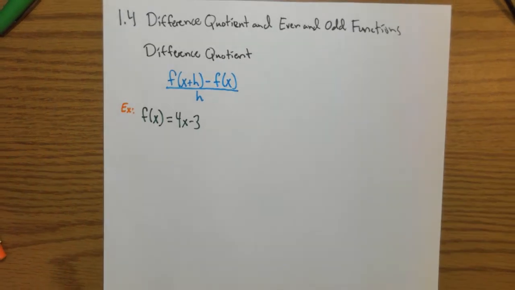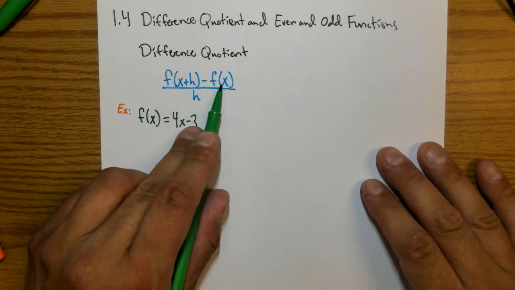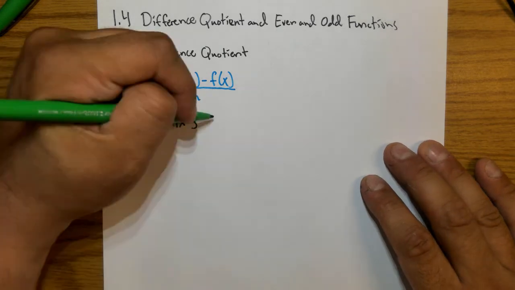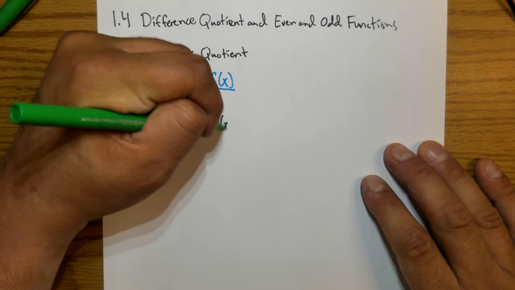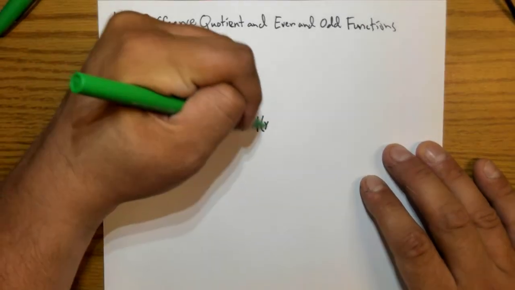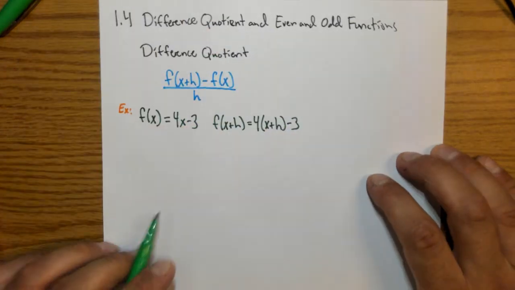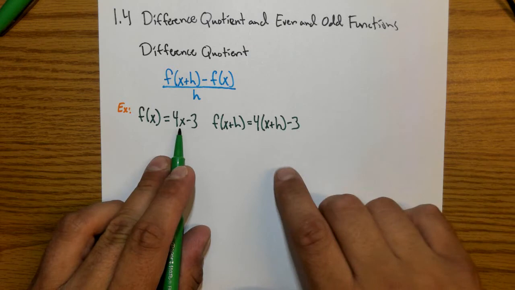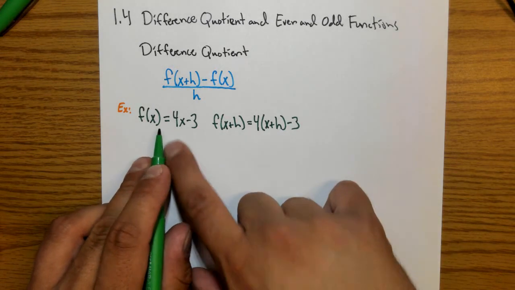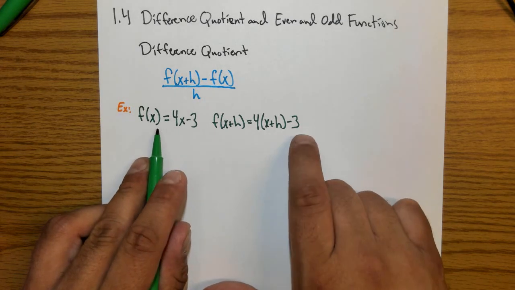Now, if this is f of x, I have that here, but what is f of x plus h? If you notice, every time you see an x in the original function, you just add a plus h in it, if that makes sense. It was originally 4x minus 3. Now it's 4 times x plus h, minus 3.